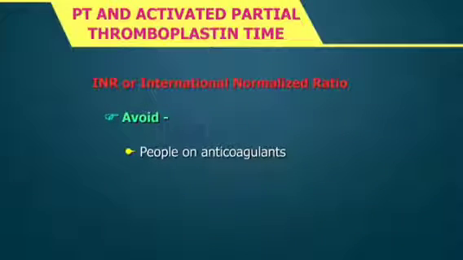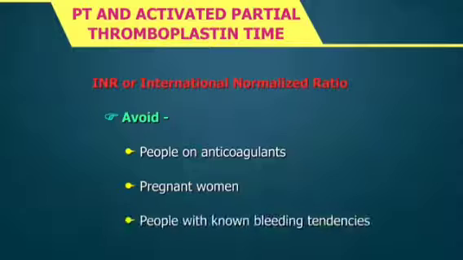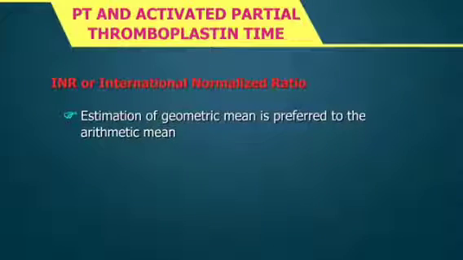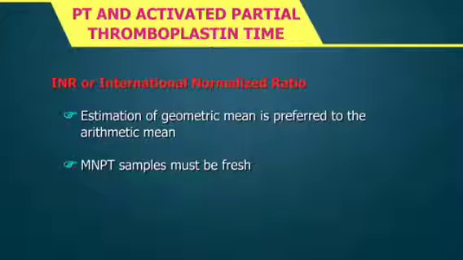People on anticoagulants, pregnant women, people with known bleeding tendencies should be avoided. Estimation of a geometric mean is to be preferred to the arithmetic mean. MNPT samples must be fresh.